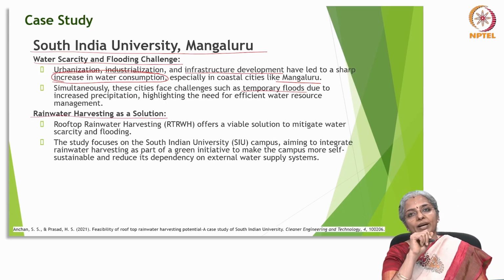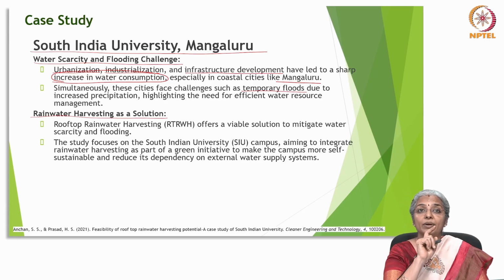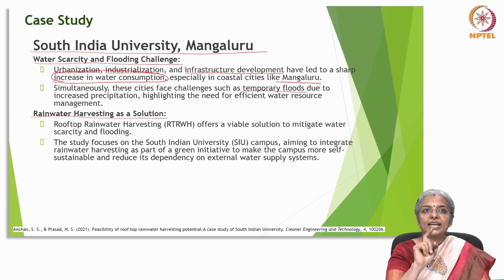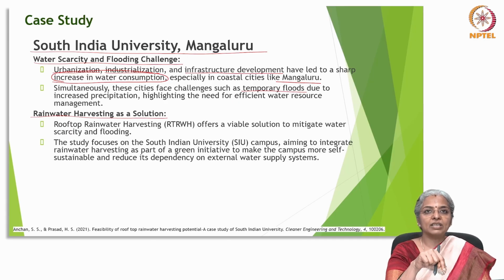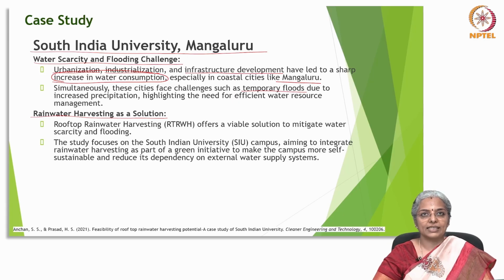So, rooftop rainwater harvesting can be a very good solution to mitigate water scarcity and flooding. This study on South Indian University aims to integrate rainwater harvesting as an initiative to make its campus more green, self-sustainable and also to reduce the load or pressure on the municipal water system.